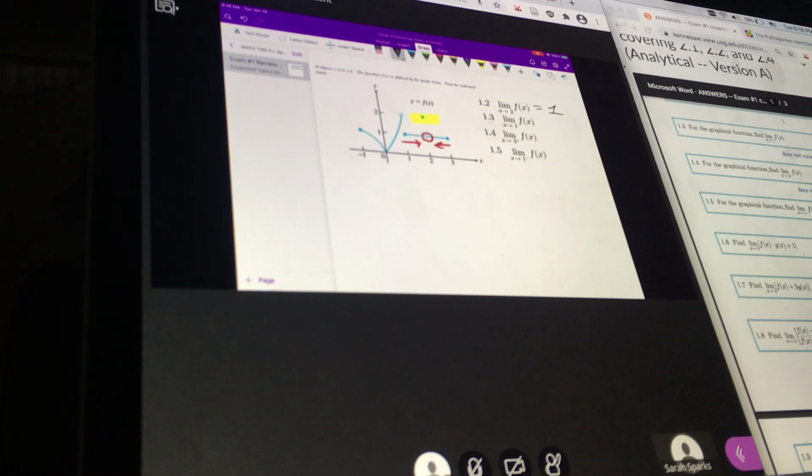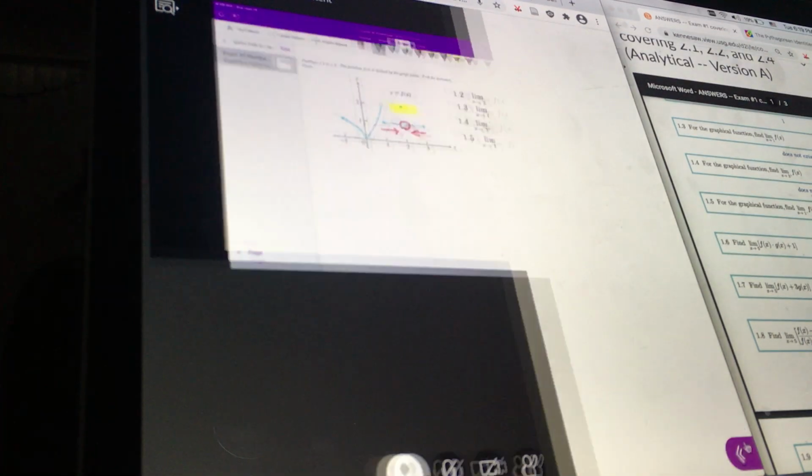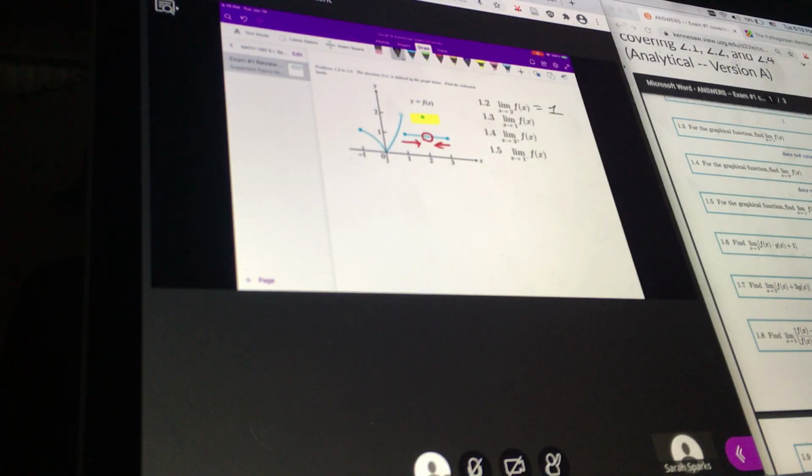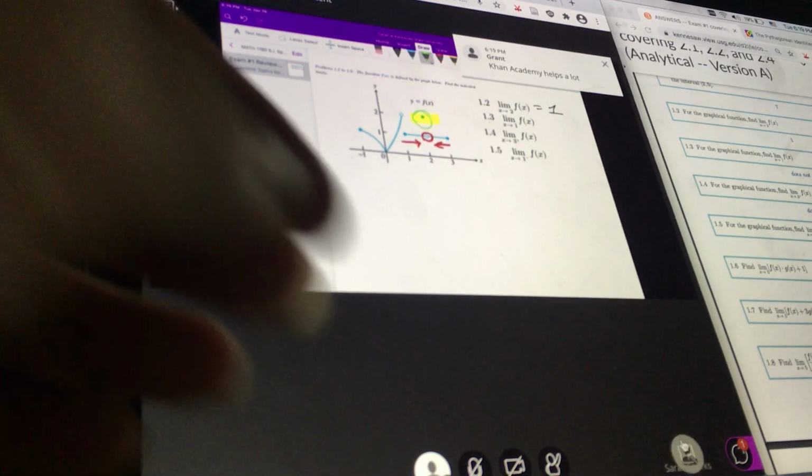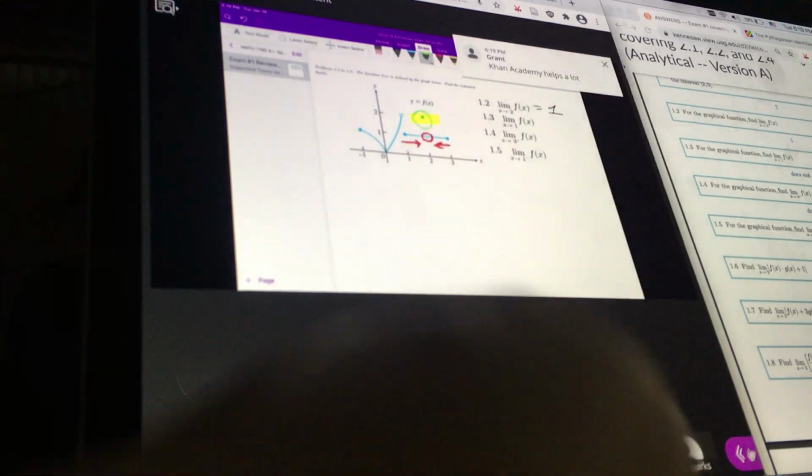So the function itself, this blue line, is not physically going towards this point right there. That means that as x goes to 2, it's not going to be 2, it's going to be 1, because that's where the function is going towards.